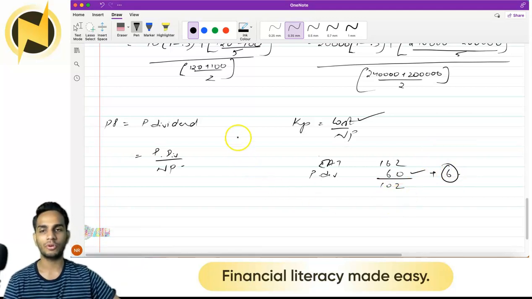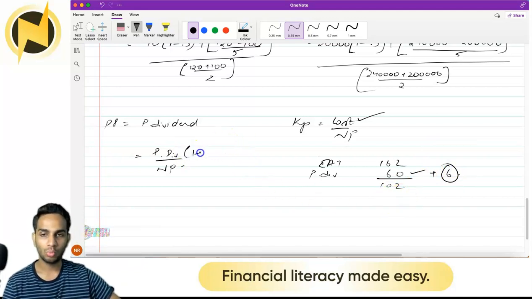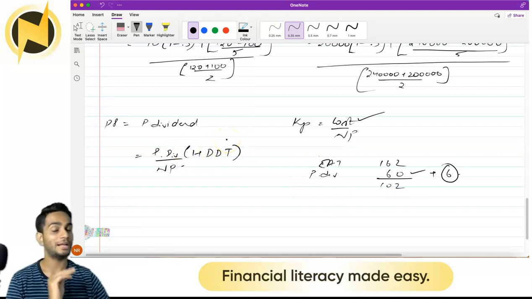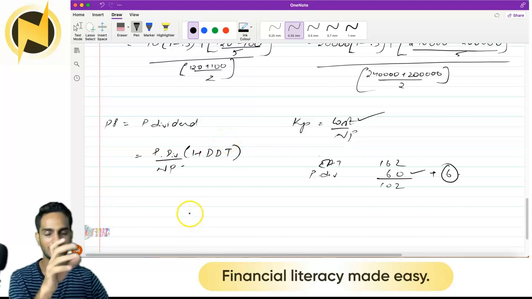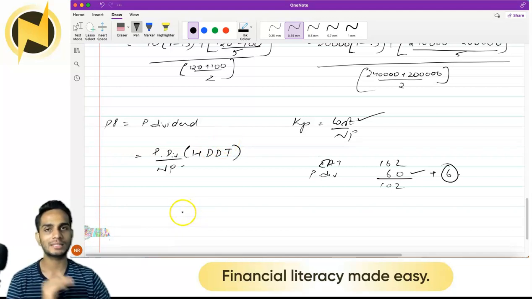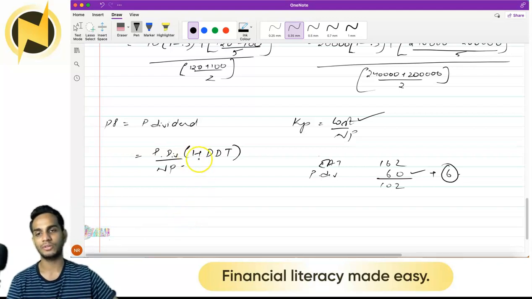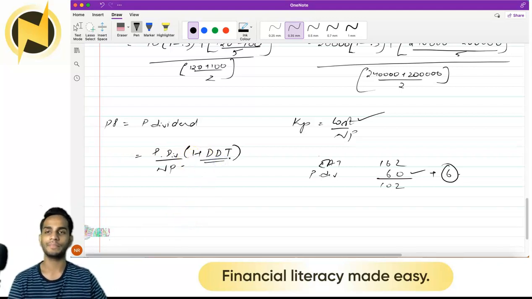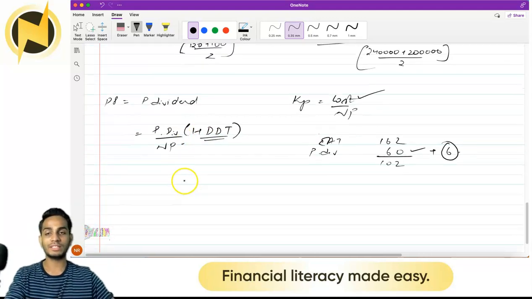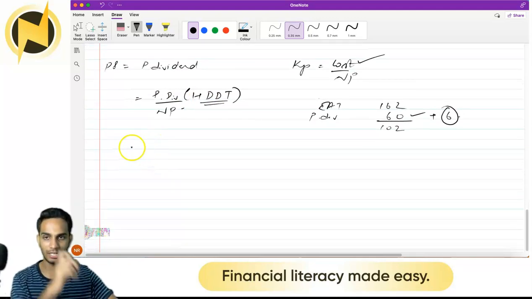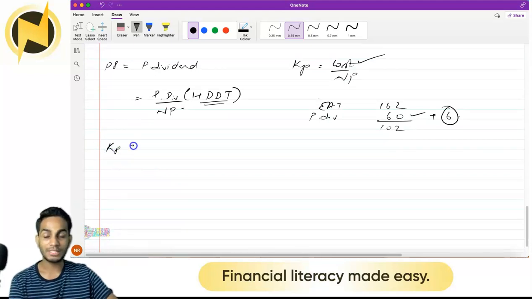That's why here in the formula it's preference dividend into 1 plus dividend distribution tax. Now this might not be there for every question, but in case the question says dividend distribution tax is applicable for preference dividend, you add this as an extension to your formula. Alright, simple. Now if the preference share is redeemable, the cost will be exactly similar to debentures.